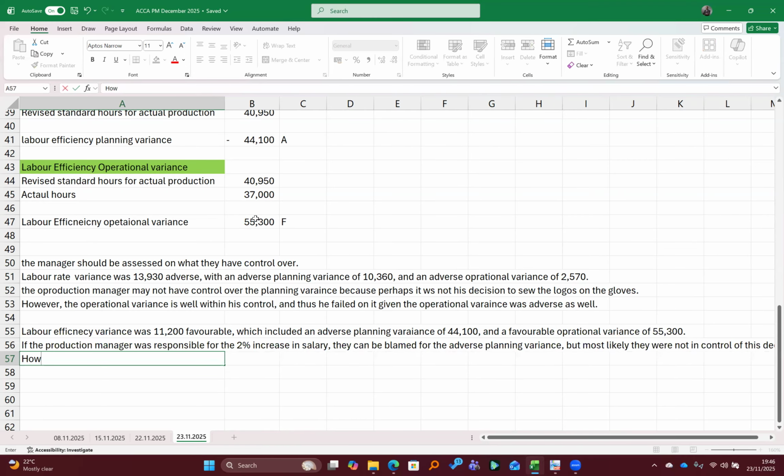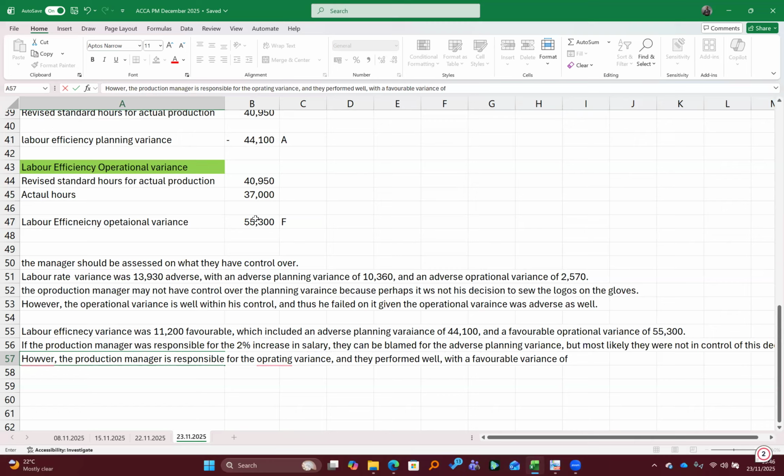Then you say, however, the production manager is responsible for the operating variance and they performed well with a favorable variance of 55,300.